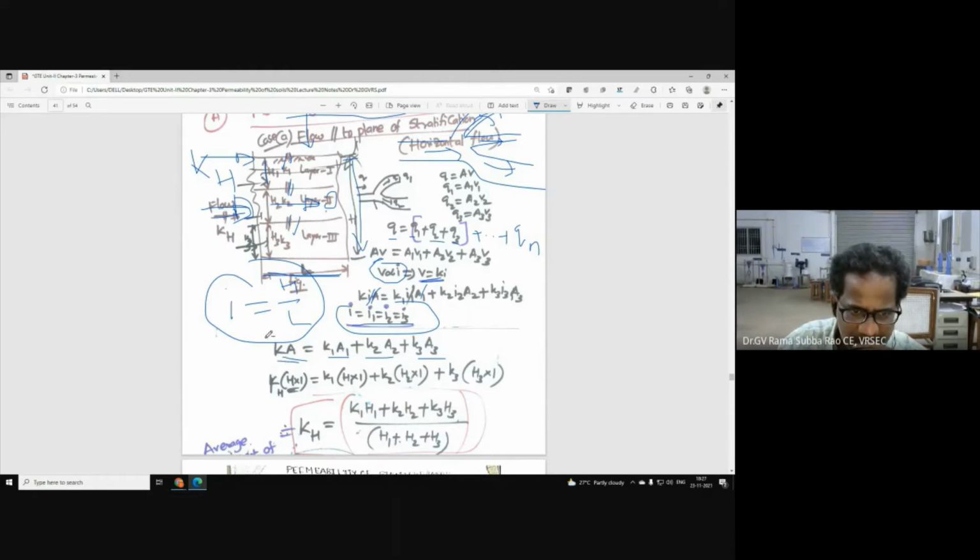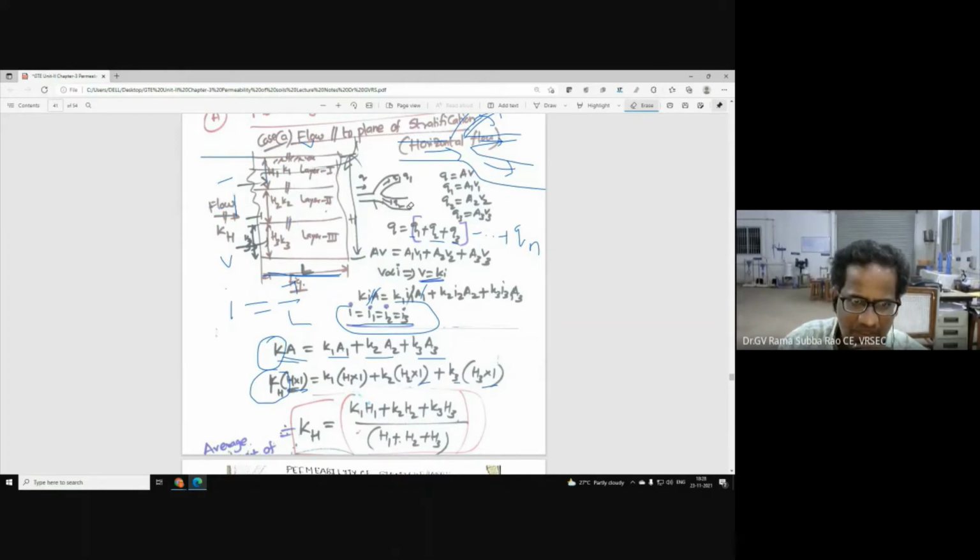So I can write KH for the entire deposit, with area H into 1, because the total thickness is H and we are calculating per unit length. Now K1 into H1 into 1 plus K2 into H2 into 1 plus K3 into H3 into 1. Ultimately, I want KH because I want to determine the permeability of the entire deposit.